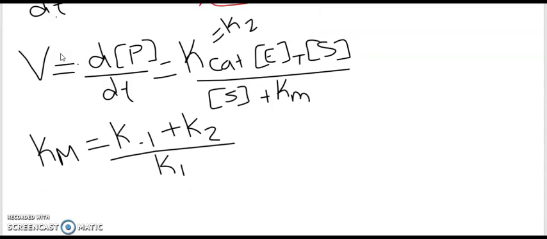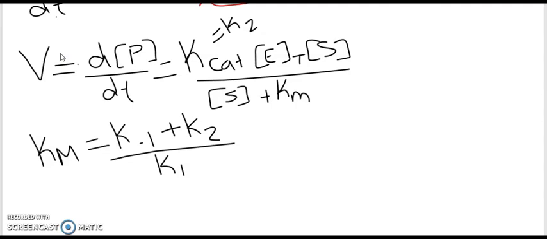And now we can introduce Vmax, which is the maximum velocity that is attained when the catalytic sites on the enzyme are saturated with substrate. That is when ES equals E total.